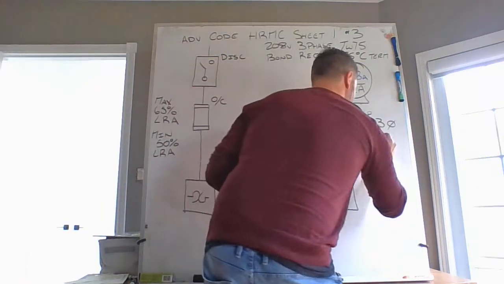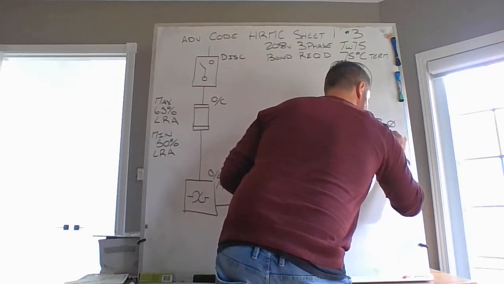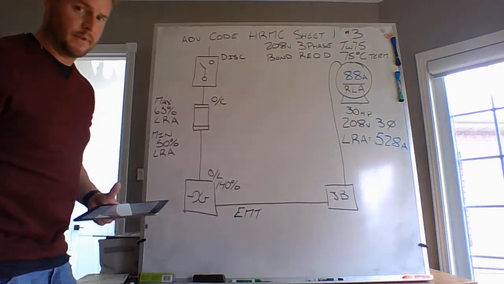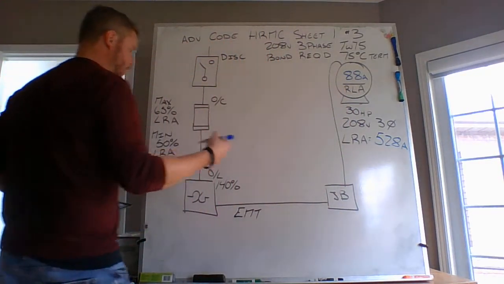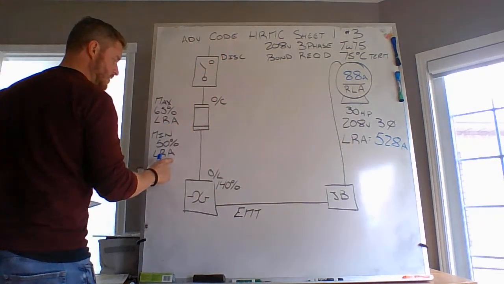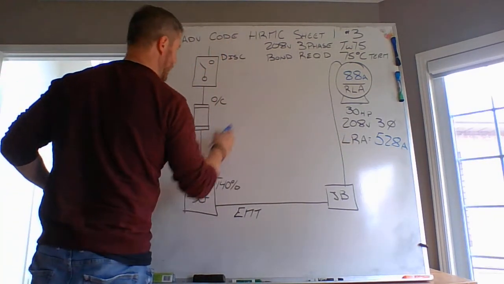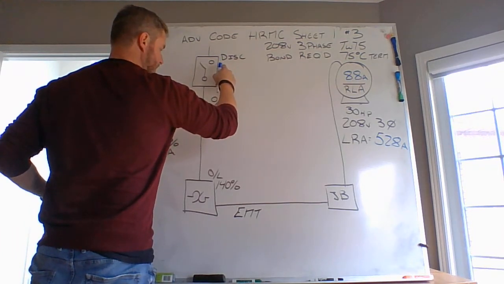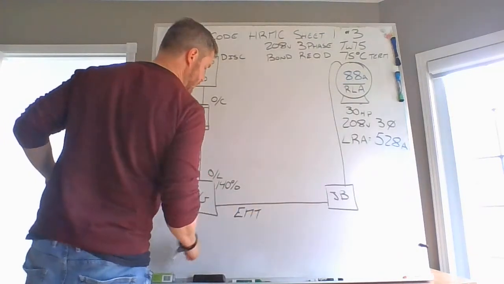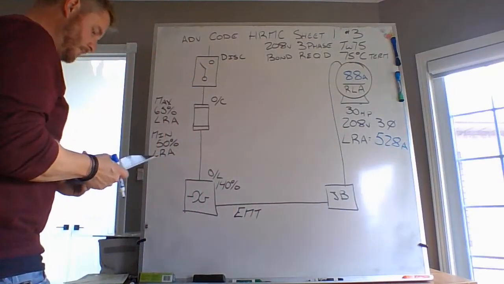So you are at that point in time 528 amps locked rotor current. I need to know that locked rotor current for when I'm calculating my overcurrent devices, which therefore reflects my disconnect size, which also might reflect my conductor size, which would reflect my raceway size.